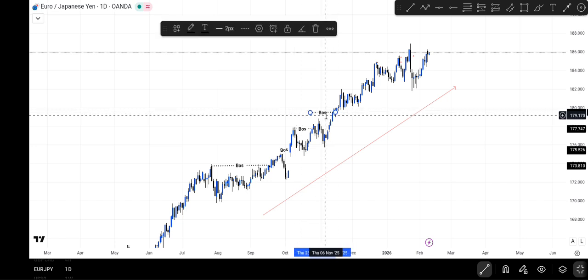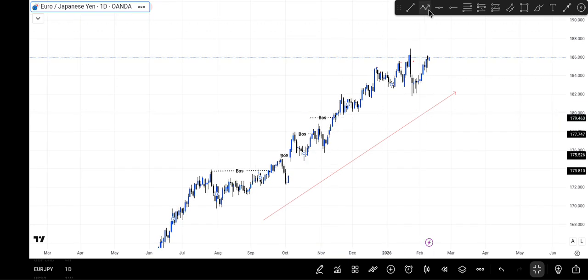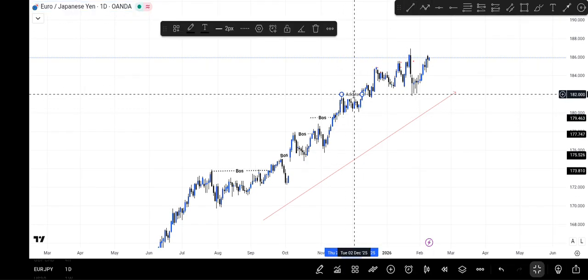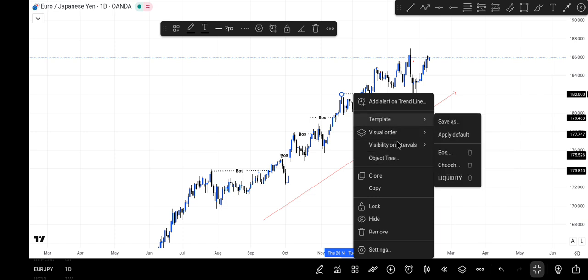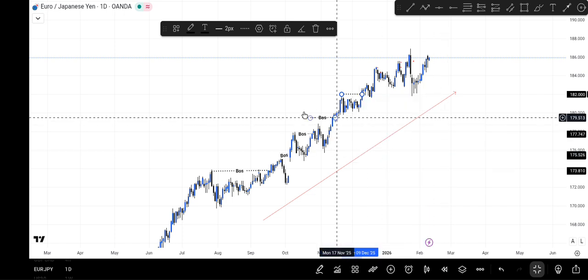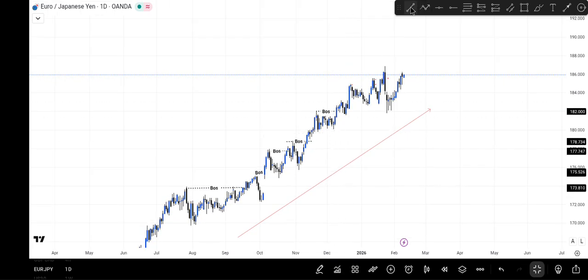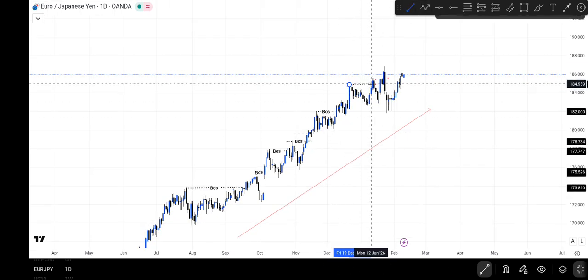Another break of structure to the upside, showing that there's clearly buying pressure coming into the market at that time. There's another one here, another break of structure here.